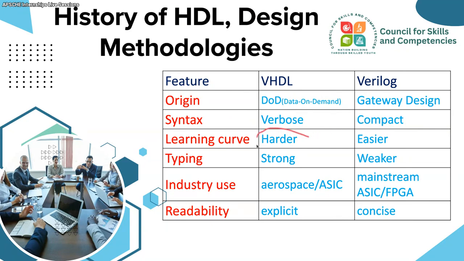VHDL is harder to learn compared to Verilog, but Verilog is easier to learn. VHDL is a strongly typed language, while Verilog is somewhat weaker typed. Aerospace and ASIC use VHDL, while Verilog is mainly for FPGA and such things. VHDL is explicit, and Verilog is concise towards readability.